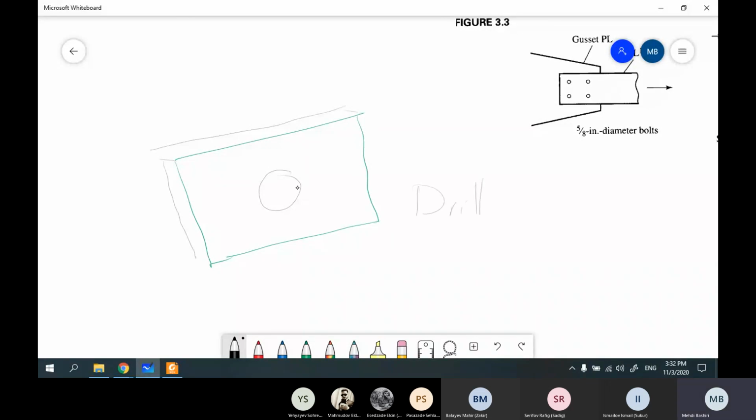Do you know what a drill is? Yeah, I know somehow. We have something that by rotating makes a hole inside, for example, plates or walls. I'm sure that you saw it before, and you know what I'm saying.